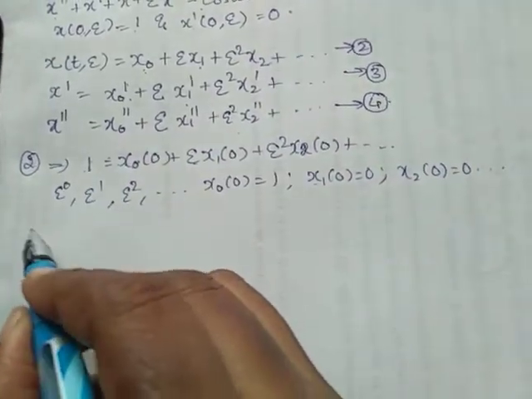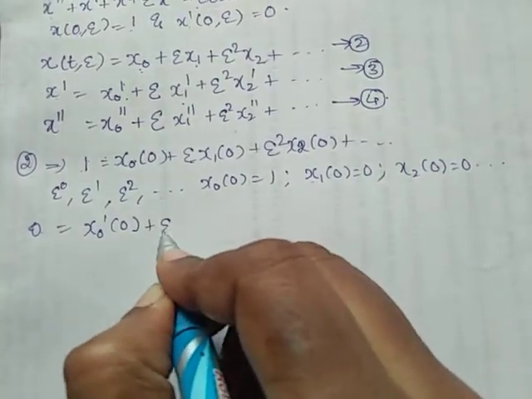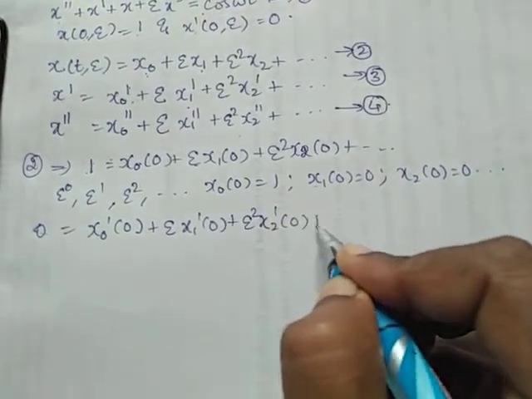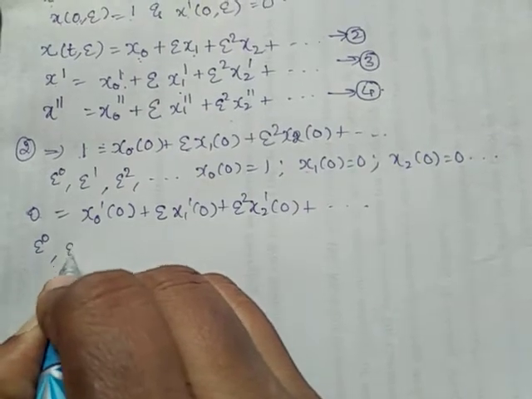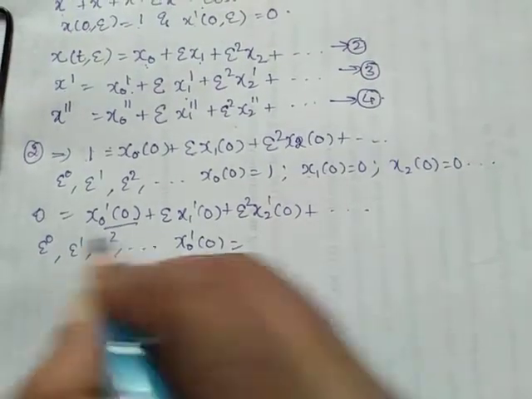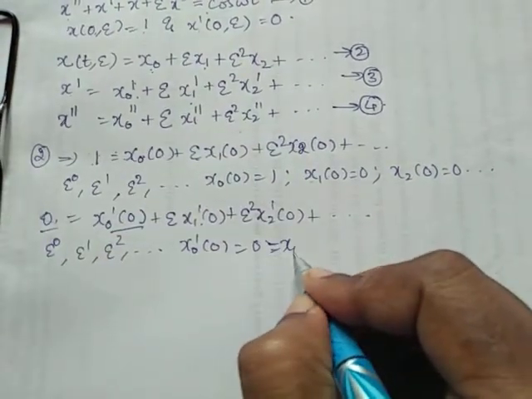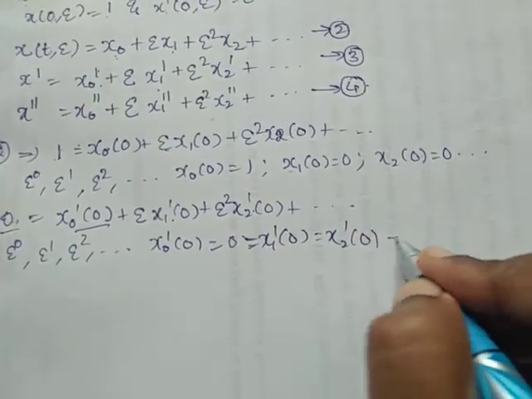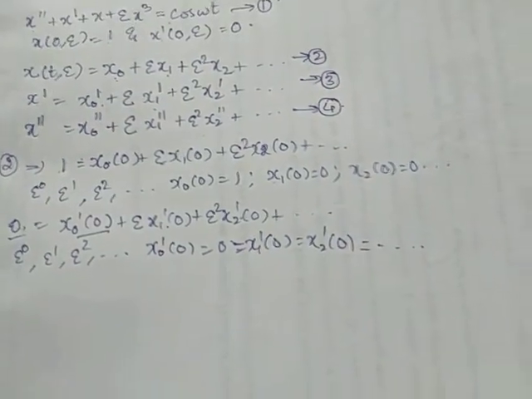So x dash is 0 when t is 0, which means x0 dash of 0 plus epsilon x1 dash of 0 plus epsilon square x2 dash of 0, etc. Again equating the coefficients of epsilon power 0, epsilon power 1, epsilon power 2, etc., we will get x0 dash of 0 equal to 0, x1 dash of 0 equal to 0, x2 dash of 0 is also 0, etc. Now we have got the initial conditions also. Now we will proceed further.